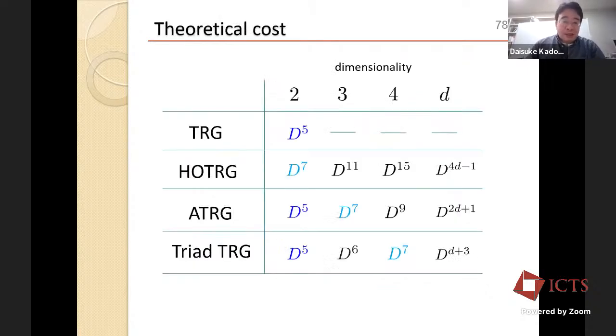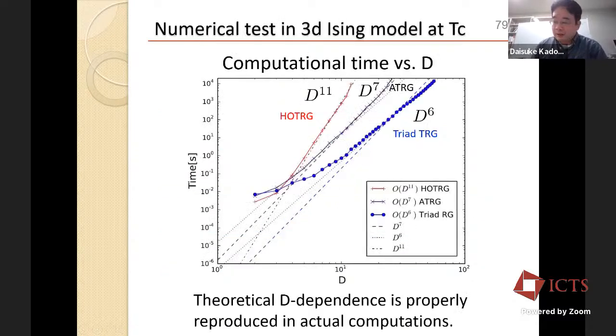So this is the theoretical computational cost, and we tested our method in the three-dimensional Ising model to check this theoretical cost and check the accuracy of the results.